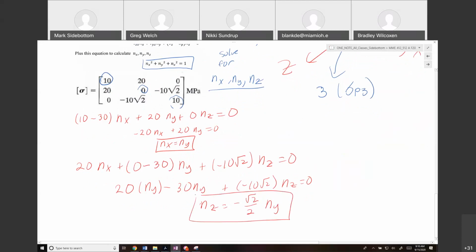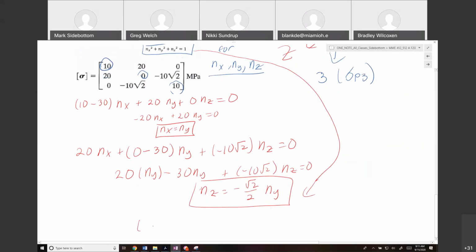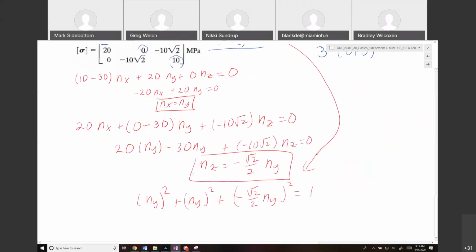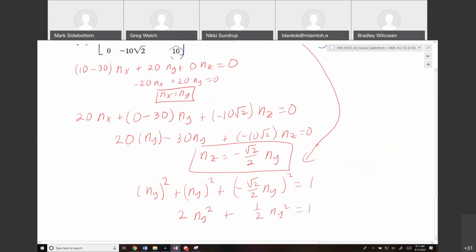All right, and then the last thing we have is our final equation here. So we're going to put everything in terms of ny. We're going to substitute in for nx; nx is going to be equal to ny. So we can say ny squared plus ny squared plus minus radical 2 over 2 ny squared needs to be equal to 1. If we add all this together, we get 2 ny squared plus 1/2 ny squared equal to 1.